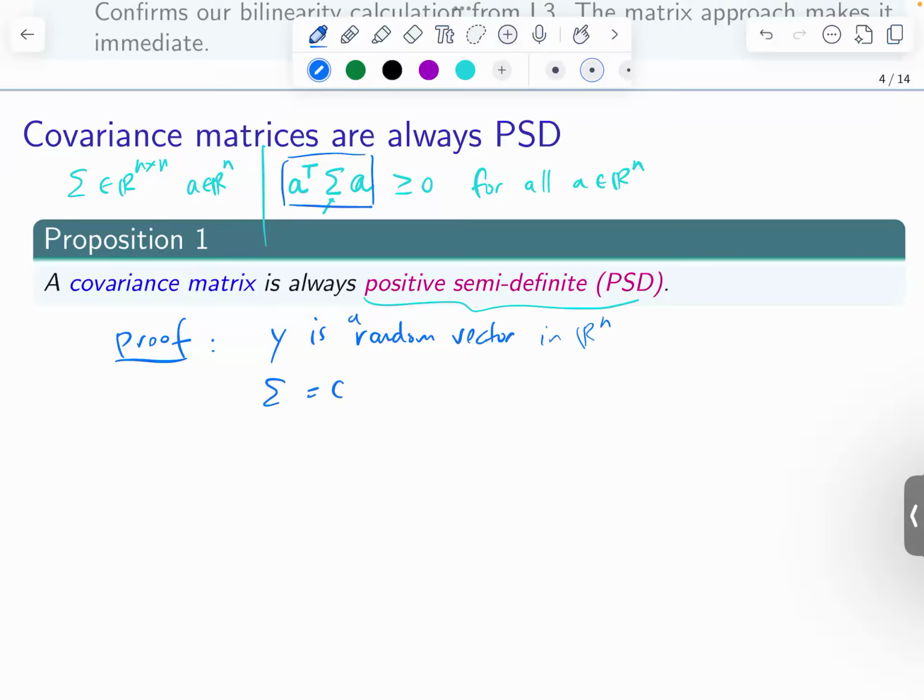So sigma is its covariance matrix. And I want to form A transpose sigma A, and I want to verify that this is always non-negative. A is some generic vector in R^n. So this is A transpose cov(Y) A.